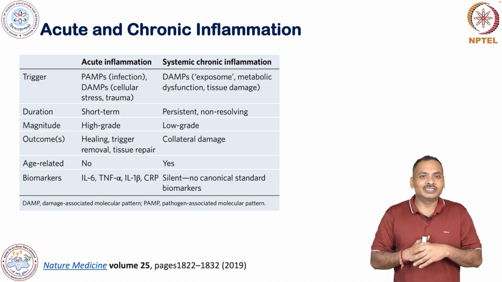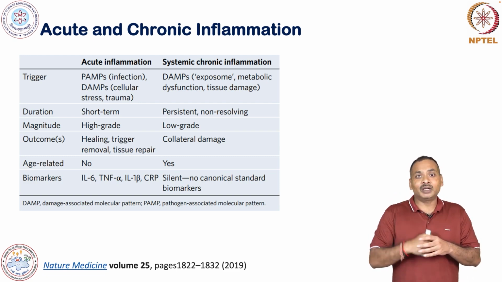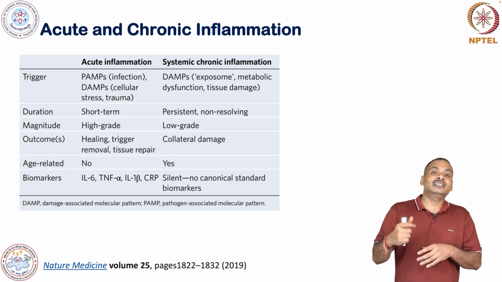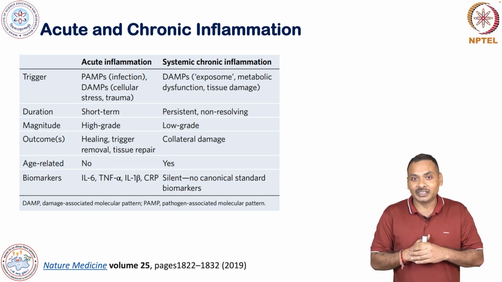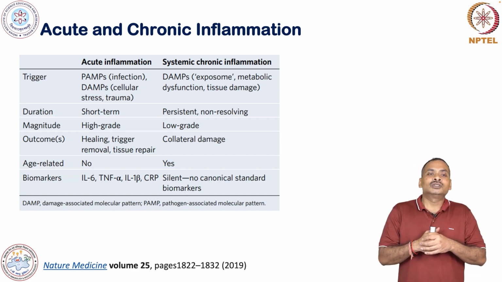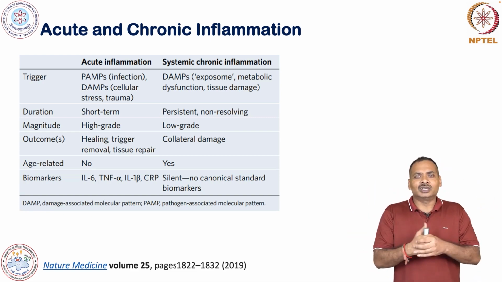For example, if you take gram positive or gram negative bacteria, the PAMP in gram negative bacteria will be LPS, lipopolysaccharide, and in the case of gram positive bacteria, one of the PAMPs will be the peptidoglycan, the cell wall, the covering of the bacteria. So there are so many PAMPs in the bacteria, both gram positive and negative.